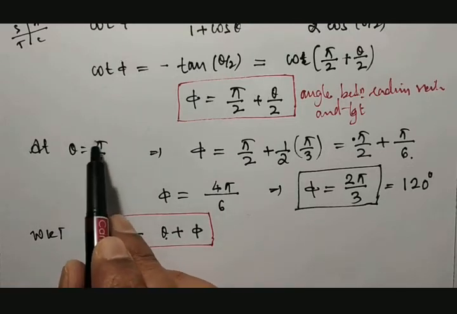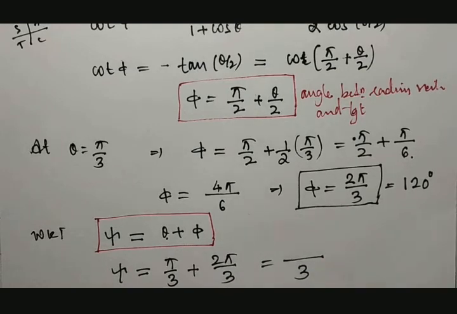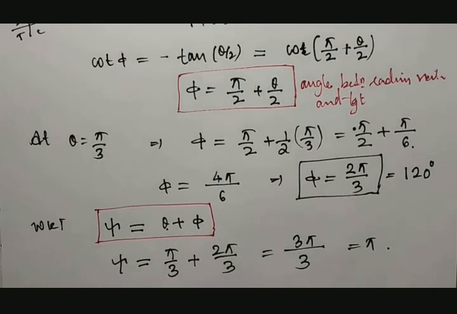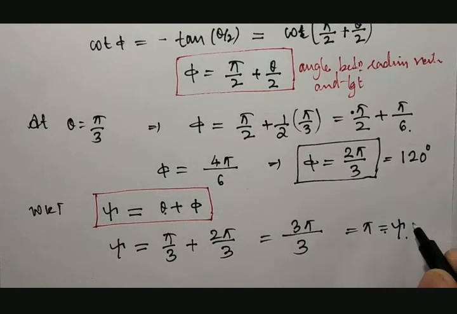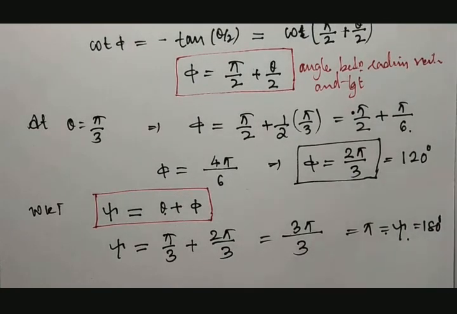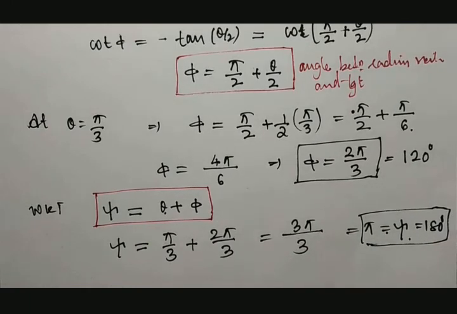What is theta? Theta is nothing but pi by 3. Pi divided by 3 plus phi, and phi is nothing but 2 pi by 3. Therefore, if you take 3 here, pi plus 2 pi will be 3 pi. Therefore, it is pi, which is nothing but 180 degree. Fine. Therefore, we got the value of psi is equal to pi.